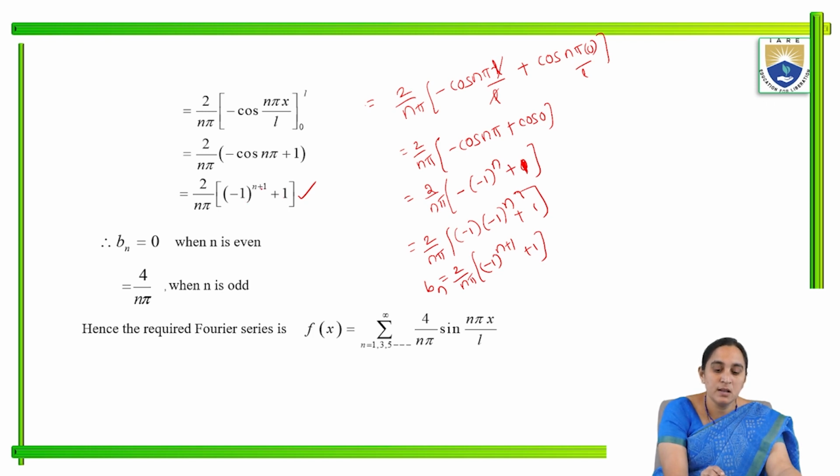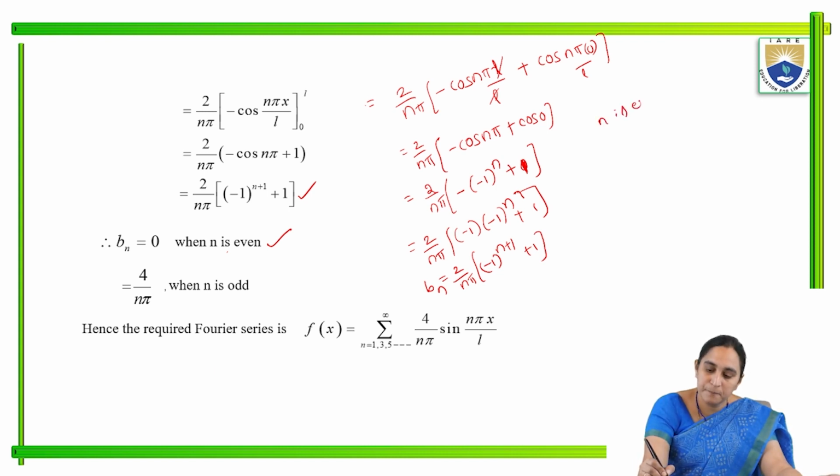If n is 4, minus 1 whole power 5 plus 1 is 0. Then if n is even, directly Bn is equal to 0.